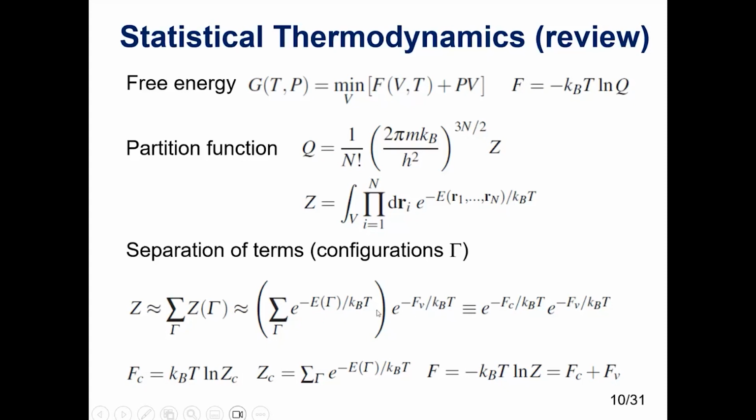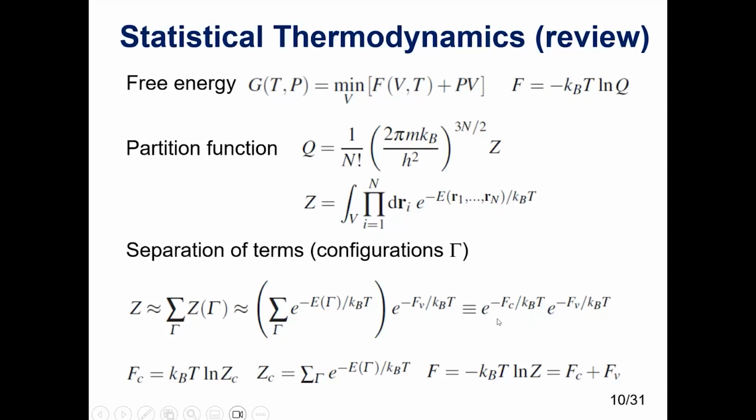And for the moment, I'm going to make a further assumption, that the vibrational free energy is roughly independent of the particular chemical configuration. That's not precisely true, but it's also pretty close to true, especially when the elements are chemically somewhat similar to each other. And so I'm going to factor that out. Then as a result, the partition function factors into a product of two terms.